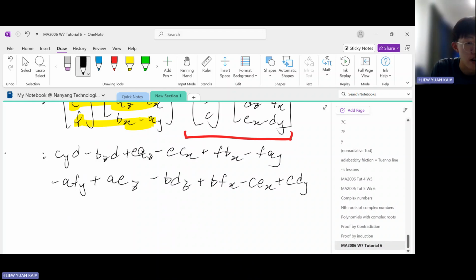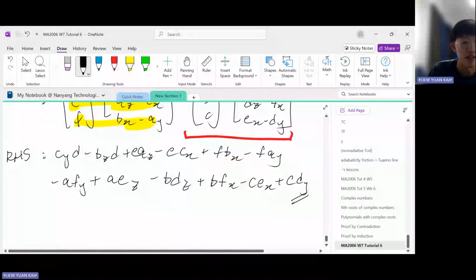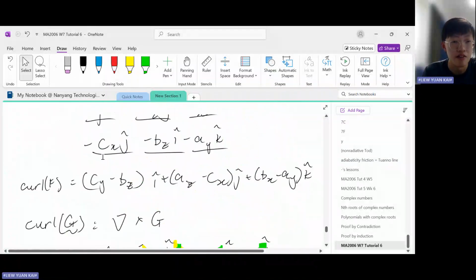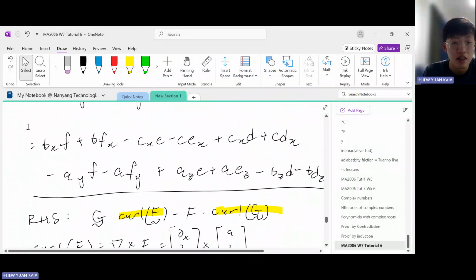So this is the right-hand side, already in the simplest form. Now we compare the left-hand side and the right-hand side, so let me copy the left-hand side for our comparison.